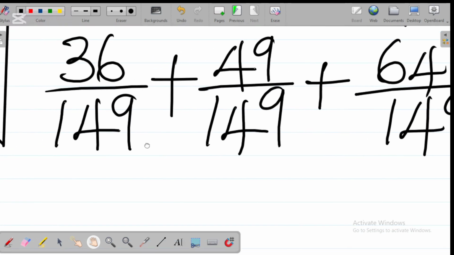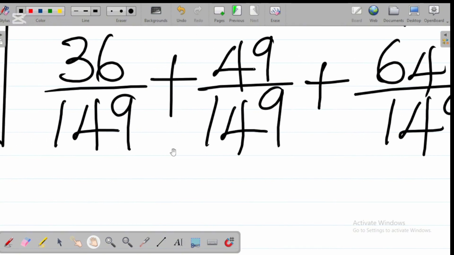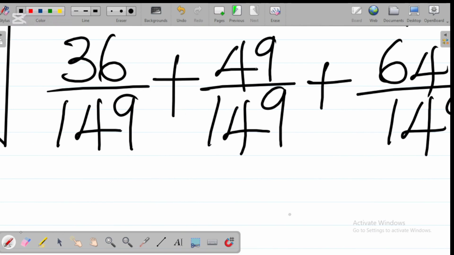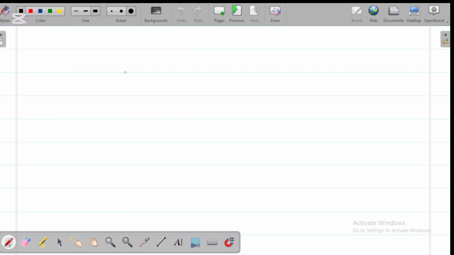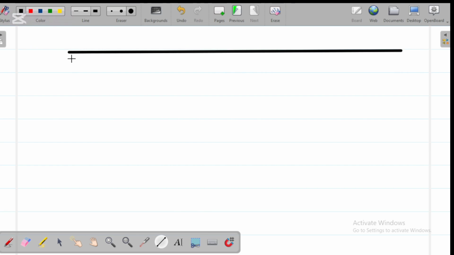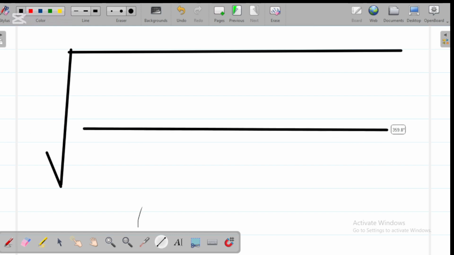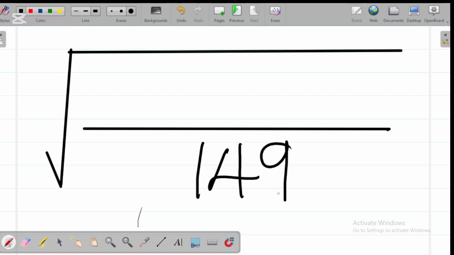All right, so our next task is to take the LCM. If we take the LCM, we are going to have 149 as our denominator since it is common.